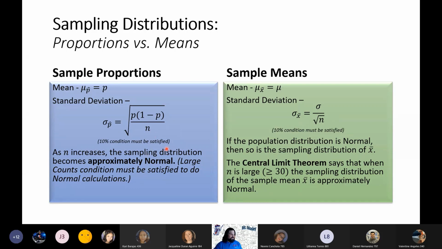Then as n increases, the sampling distribution becomes approximately normal. The large counts condition must be satisfied to do normal calculations. The large counts condition is that there are at least 10 successes, n times p is greater than or equal to 10, and at least 10 failures, n times 1 minus p is greater than or equal to 10.